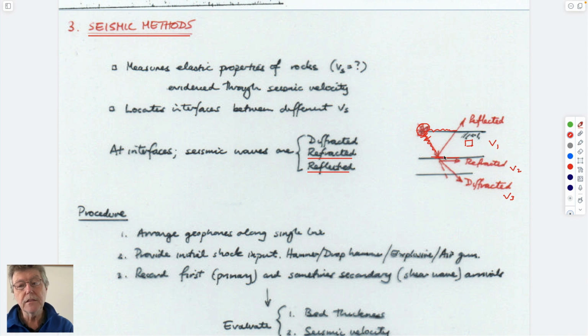When they hit something that has an acoustic contrast, so the product, acoustic impedance, so this is density. Not very good writing. The bulk density of the material and the acoustic velocity.